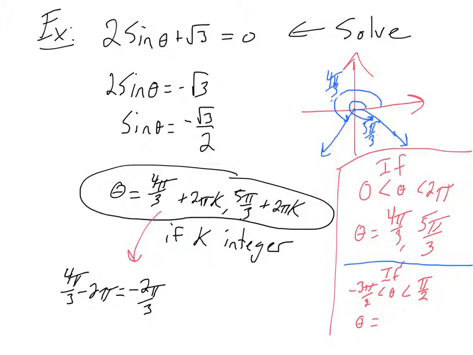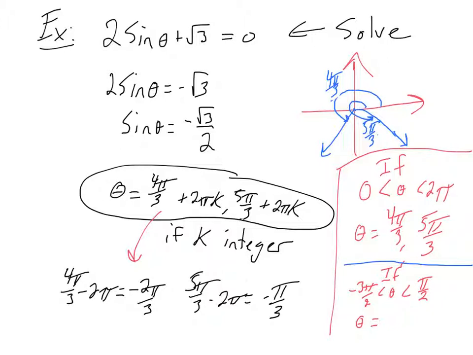That is definitely between negative 3 pi over 2 and pi over 2. And if I do 5 pi over 3 minus 2 pi, I will just get negative pi over 3. And those are both between negative 3 pi over 2 and pi over 2.